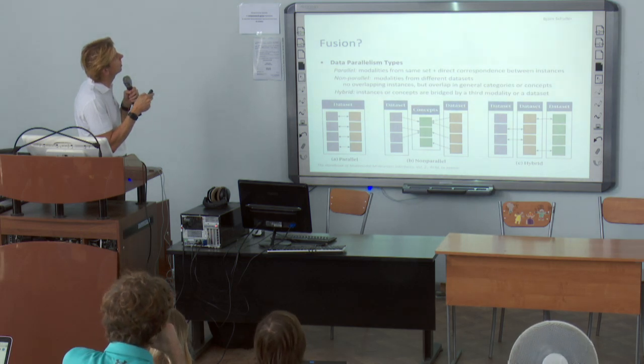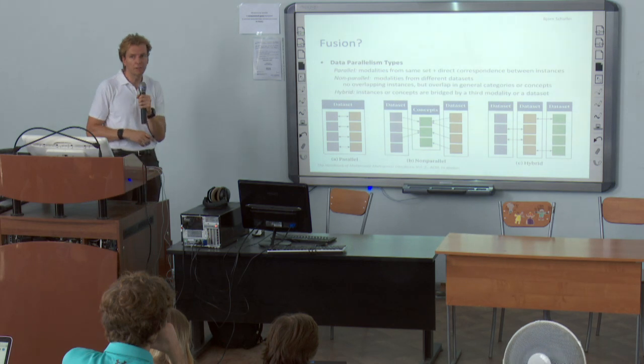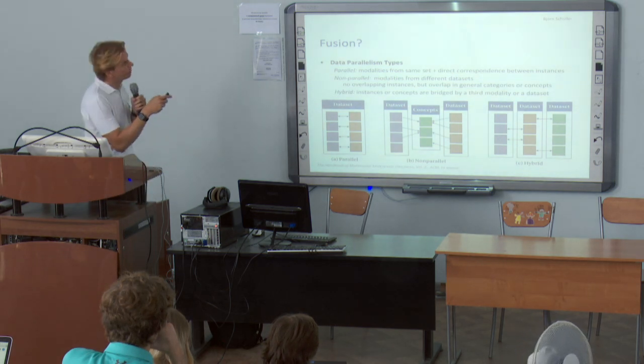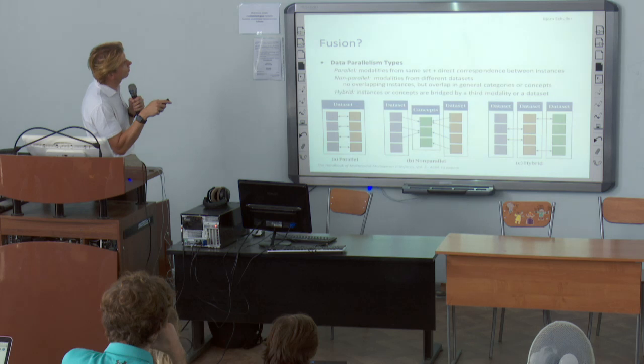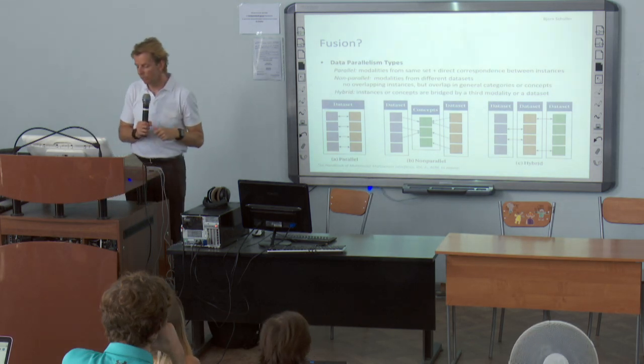So let's say each data point here has speech and video inside, and they also correspond. That would be the case for audio-visual speech recognition, for example. Then you have non-parallel, where you have modalities from different data sets with non-overlapping instances, but overall overlap in general categories and concepts. So meaning that you have a speech-emotion database that only contains speech and emotion labels.